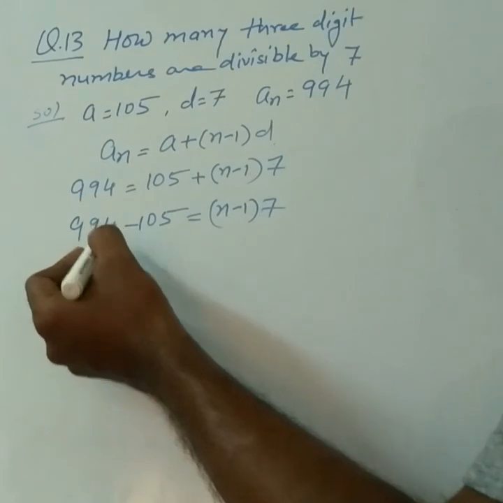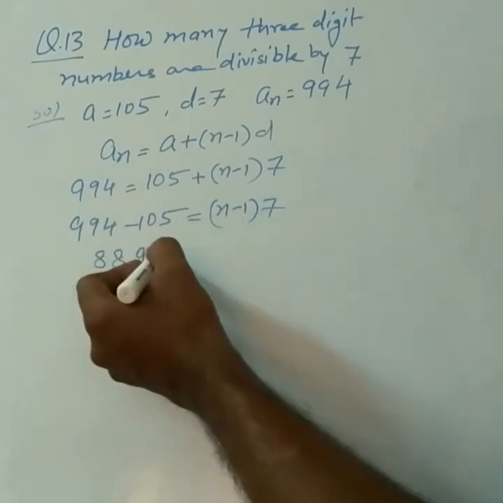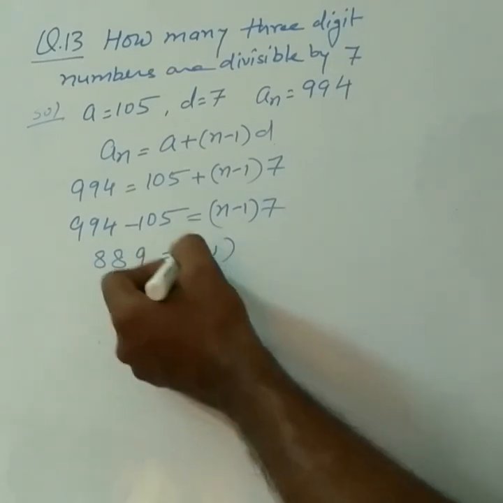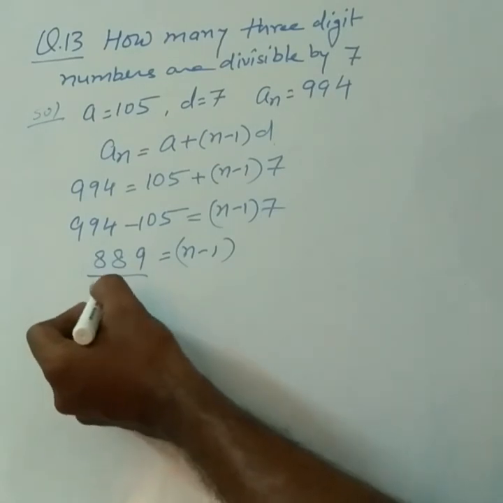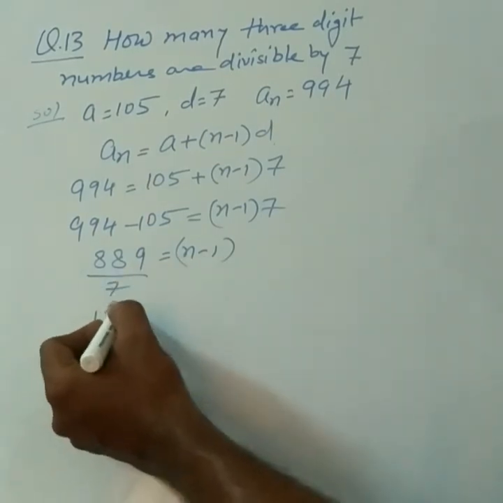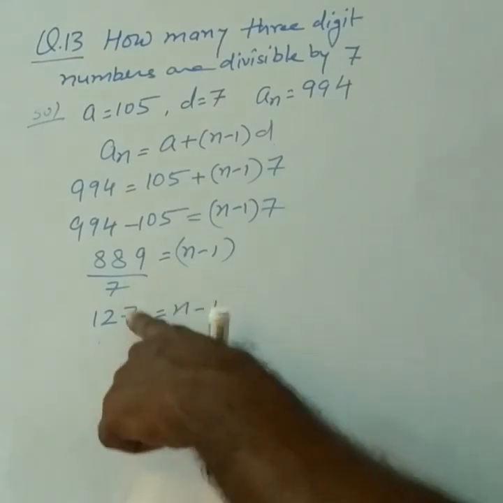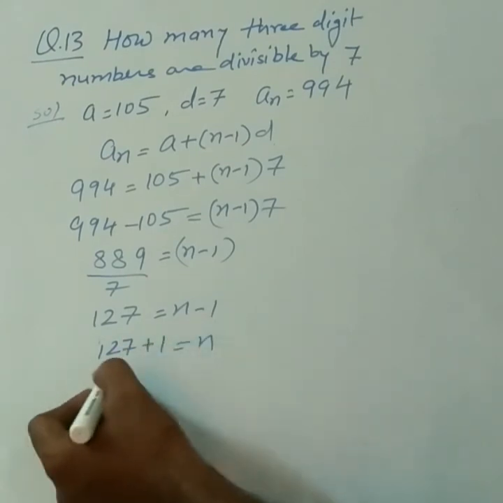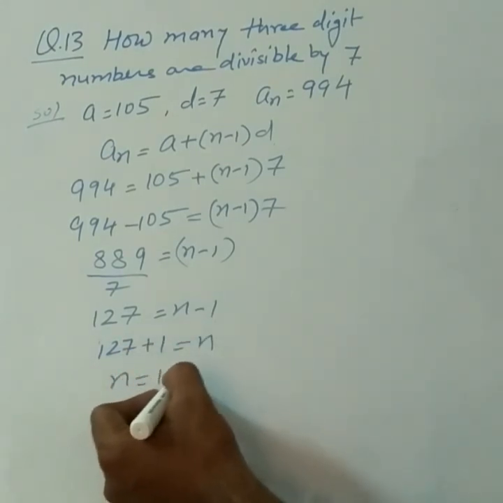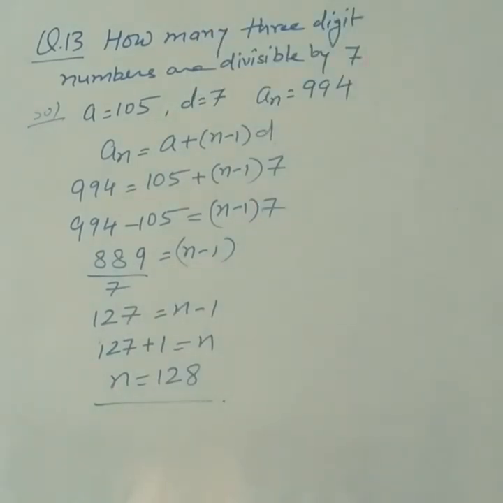Subtract these two, 889 equal to N minus 1 into 7. Shift the 7 here in the denominator. Divide by 7. 127 equal to N minus 1. Shift this 1. 127 plus 1 equal to N. So N is equal to 128. So there are 128 3-digit numbers divisible by 7.